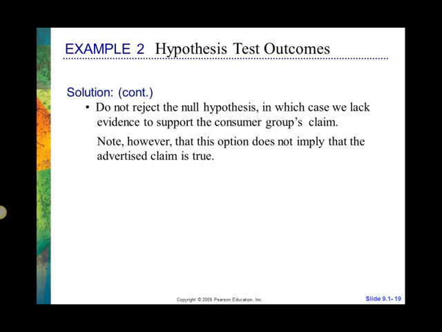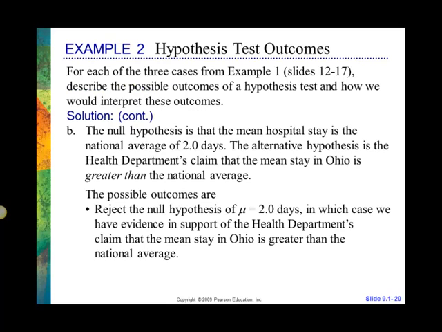Okay, so neither one of those allows us to imply that the advertised claim is true, because it's a sample. We didn't look at the population. We looked at a sample, so we can't claim that the 62 miles per gallon is true. We can just claim that we don't have enough evidence to reject it.